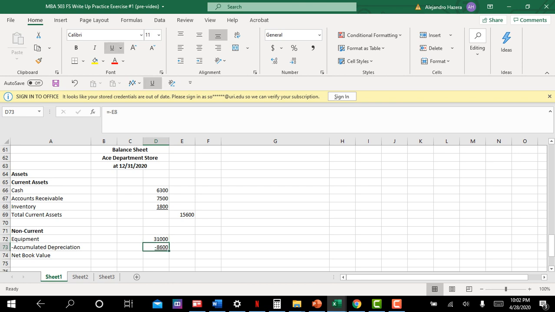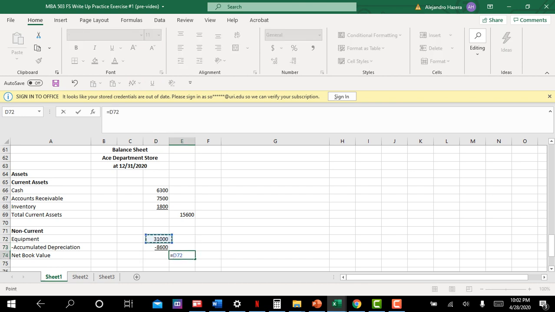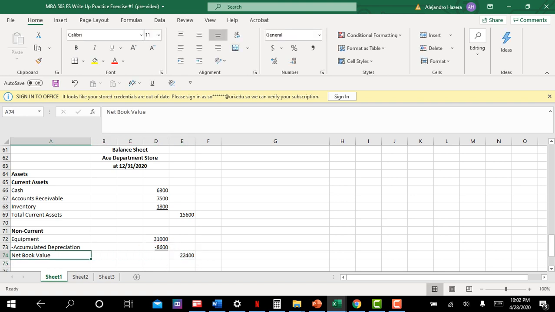You've accumulated a total of $8,600 in depreciation over the years. Okay, so I'm just going to sum these two. The net book value means your remaining value, equipment less accumulated depreciation, and we call it net book value. It's basically the productive value of your remaining equipment. Now, it's book value, so it's not market value.